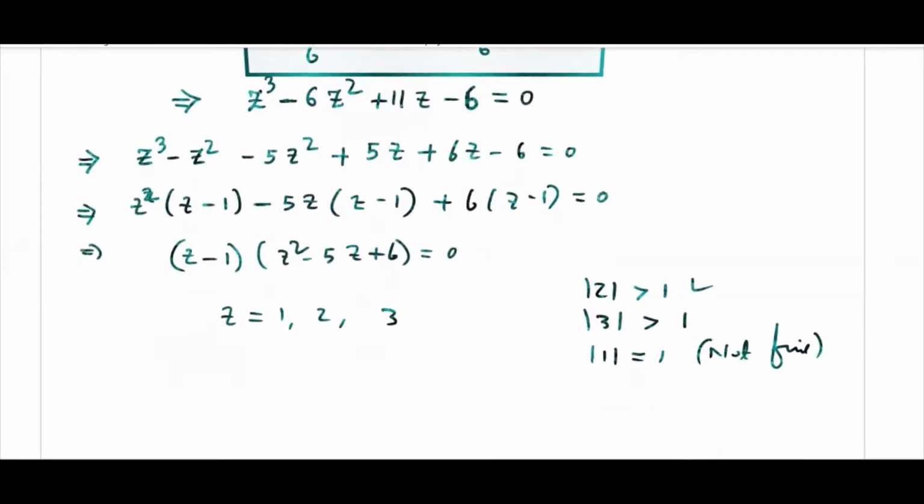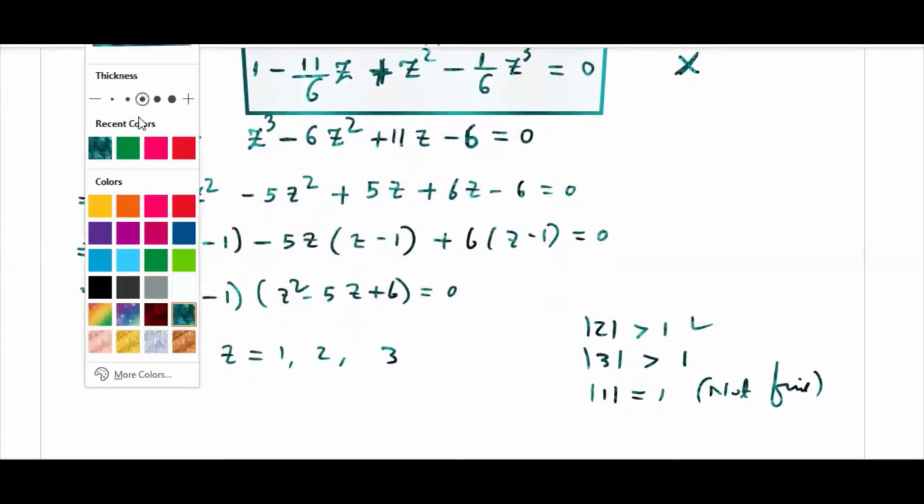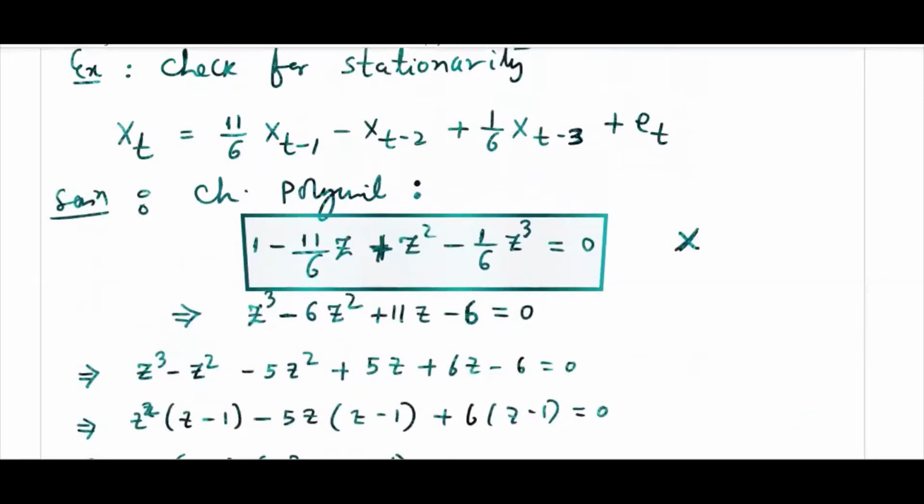Let me write this. We'll try to change it to stationary, but we have to start from here. This is not stationary. This is an AR(3) process, which is not stationary.